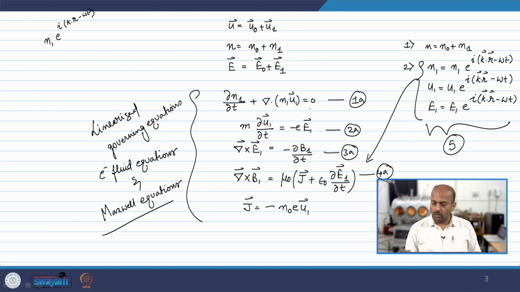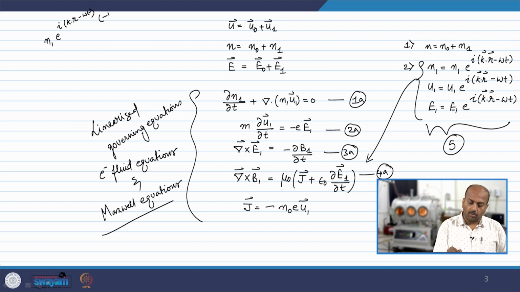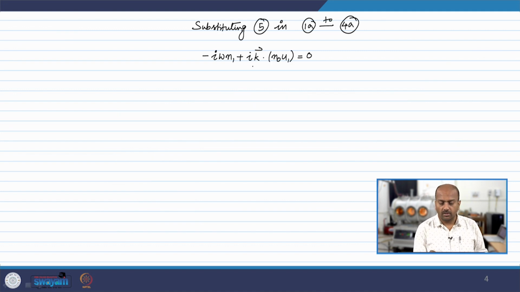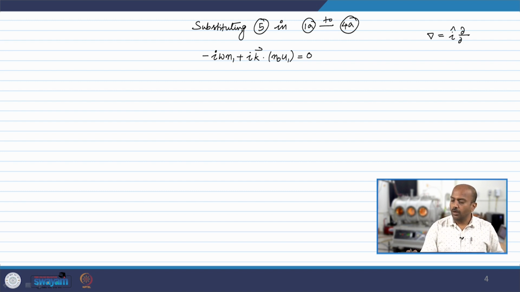If you are talking about the time derivative, the omega part will come, it will be minus omega, plus del dot n1 u1. You have to take a derivative only along the x direction, then you will get this term, right. So, now our del operator is i cap dou by dou x, only along the x direction.